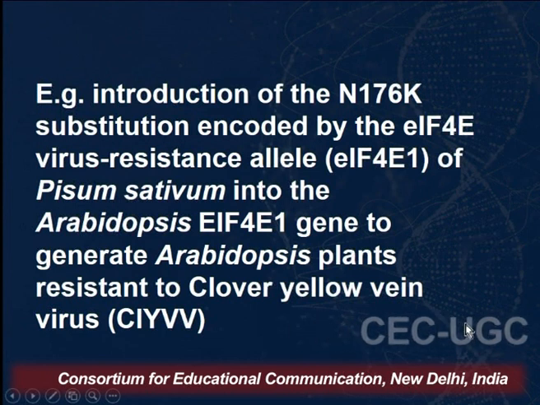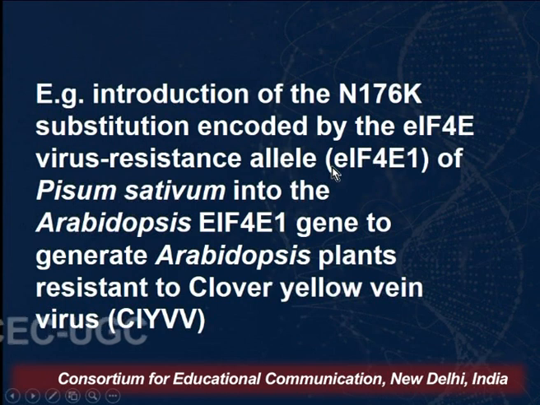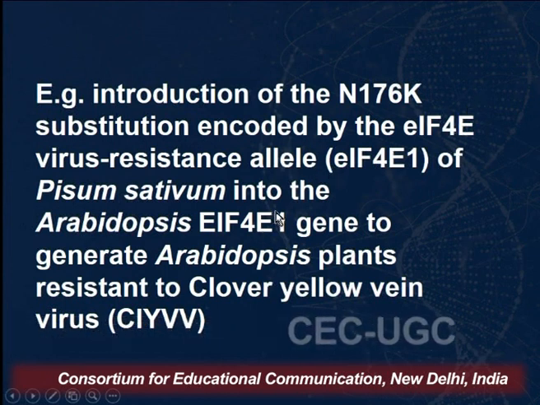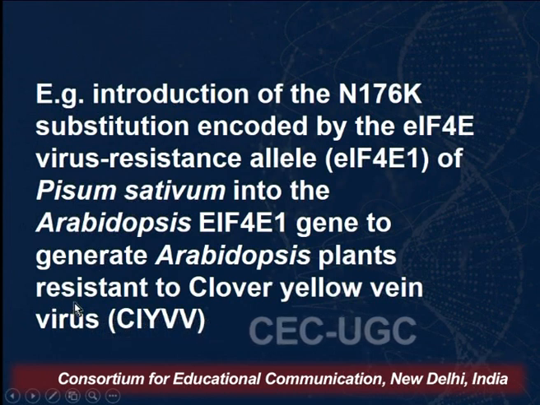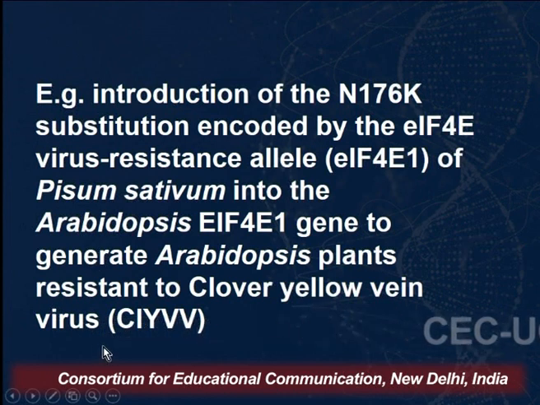For example, the introduction of the N176K substitution, encoded by the virus resistant allele of this effector molecule in Pisum sativum, into the Arabidopsis elongation initiation factor gene generates Arabidopsis plants resistant to clover yellow vein virus.